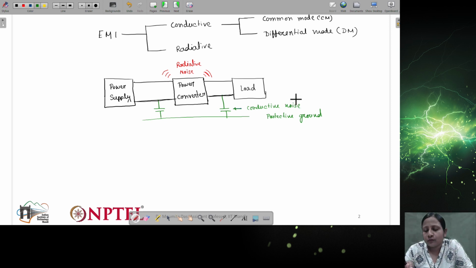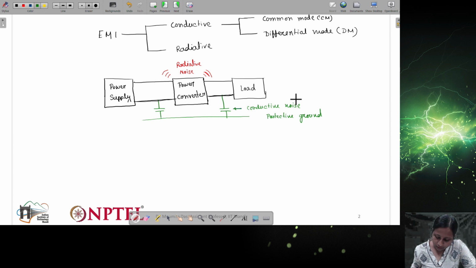The reason why noises, radiative or conductive, any EMI noise, become very significant at high frequency is due to dV/dt and dI/dt.